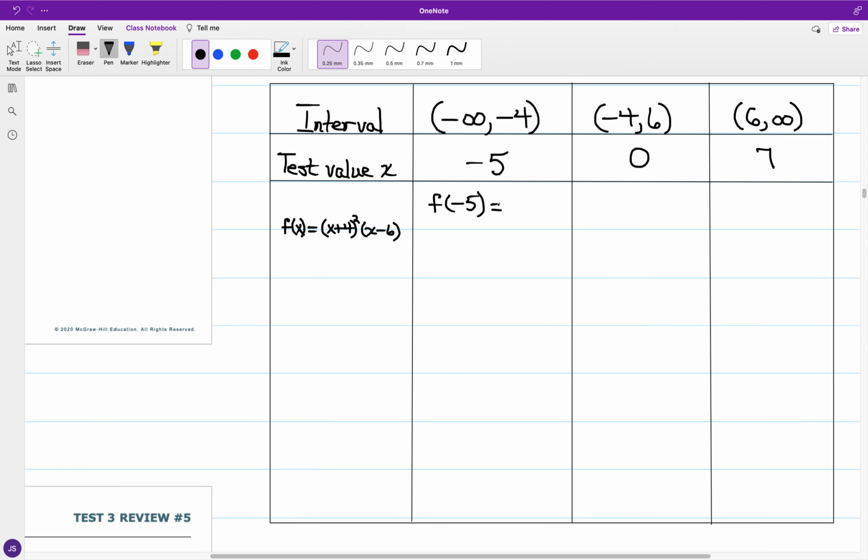We can go over this pretty quickly. Negative 5 plus 4 is negative 1, and the square of negative 1 is positive 1. Negative 5 minus 6 is negative 11, so positive 1 times negative 11 means f of negative 5 ends up at negative 11.